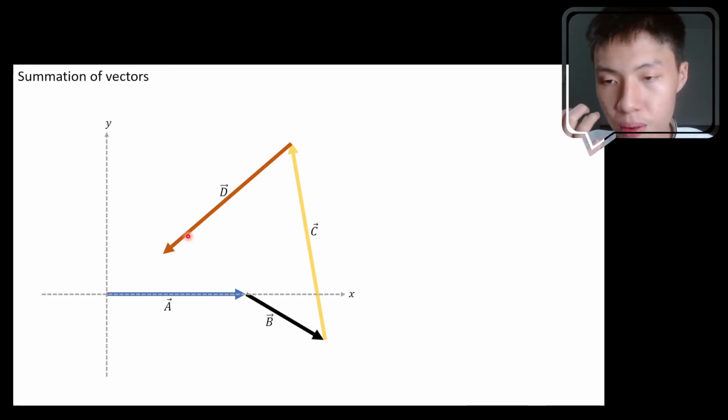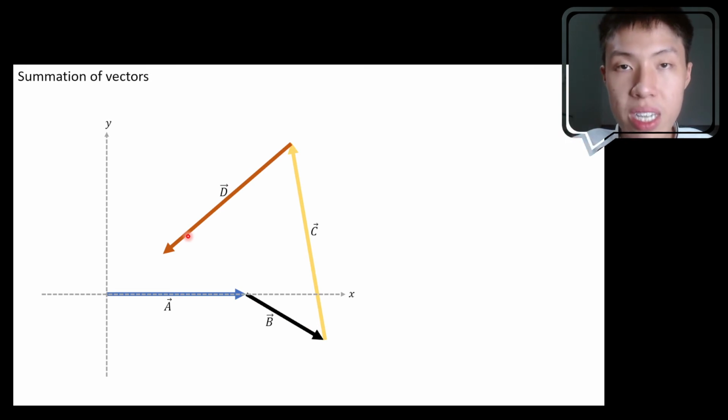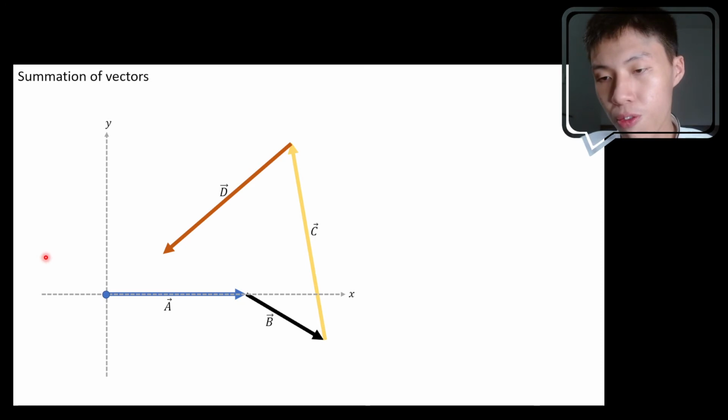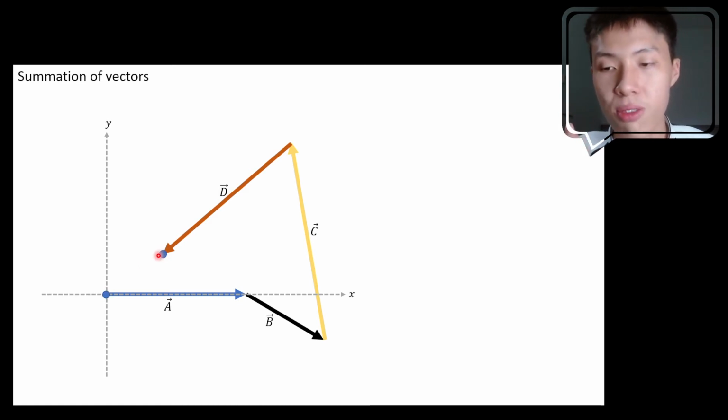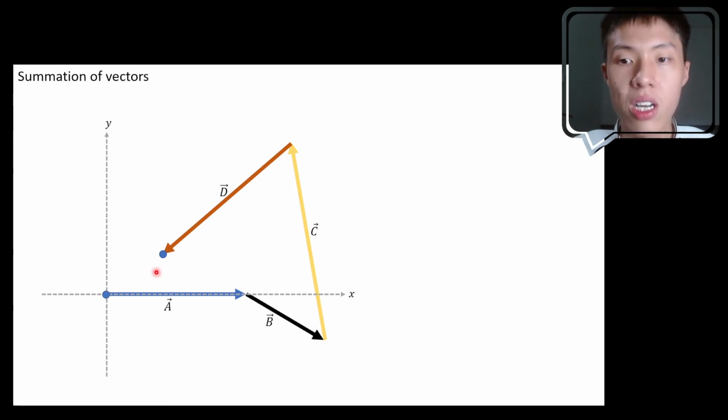Then our resultant vector, our final answer, will be from the tail of the first vector pointing towards the head of the last vector. Okay, I mentioned just now, remember that it's from the tail of the first vector towards the head of the last vector, right?